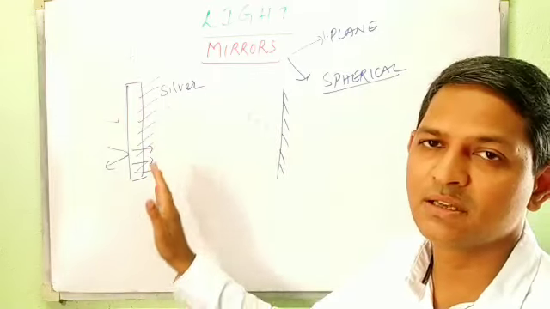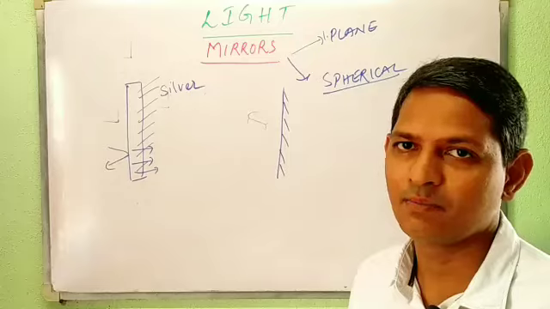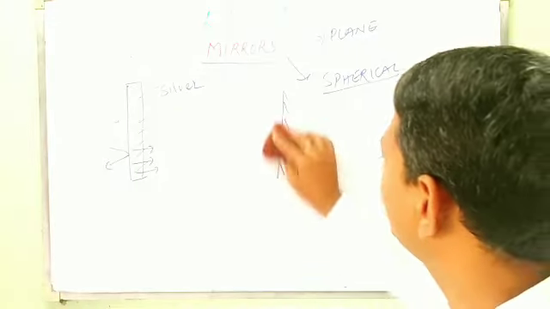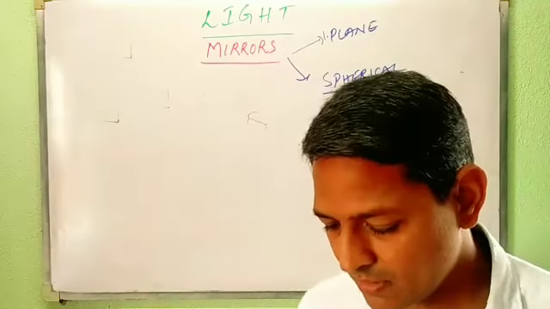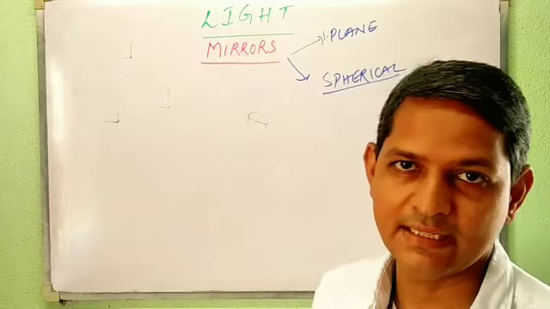So what is a plane mirror? As discussed, a glass piece which is coated with silver turns into a mirror. That's a plane mirror. Now when you stand in front of a mirror, you observe your image inside the mirror. So what are the characteristics of the image?